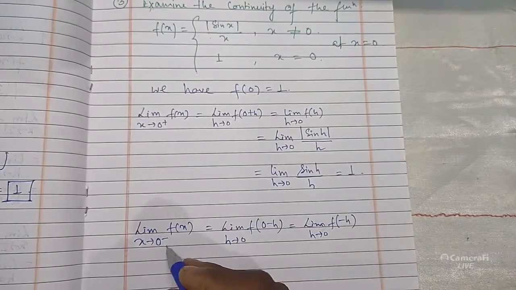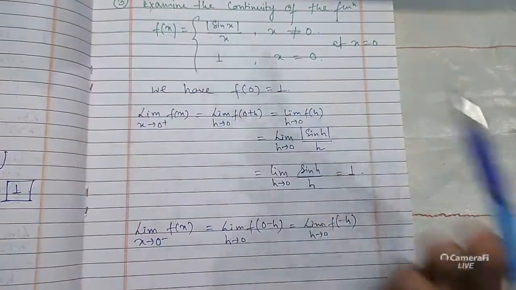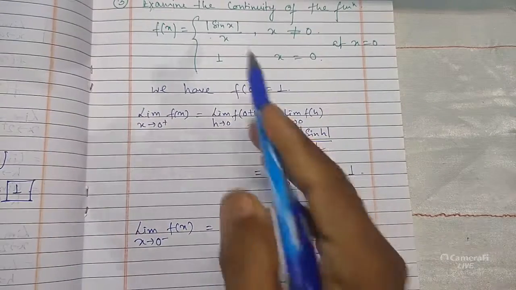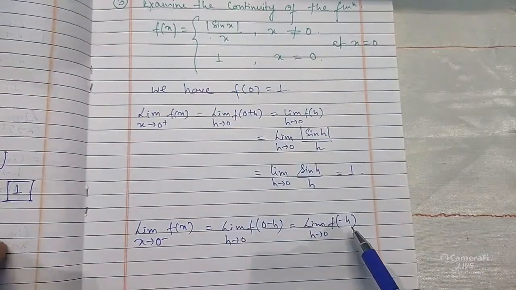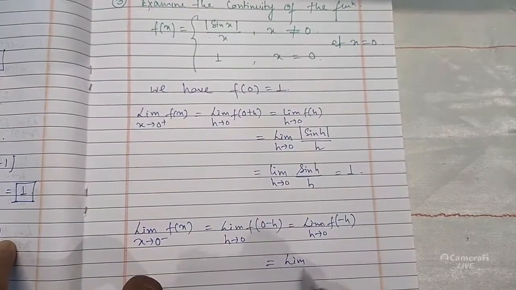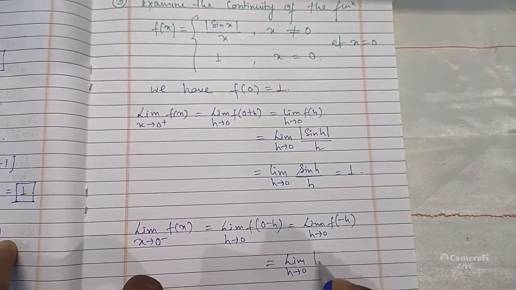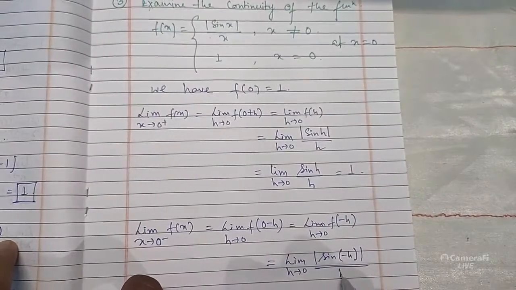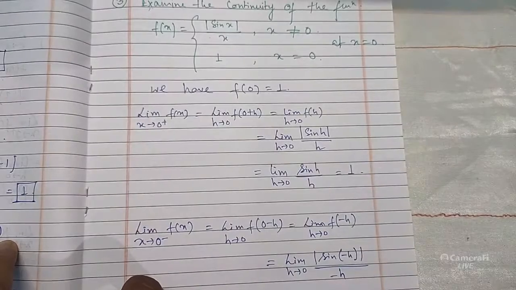For x tends to 0 minus also this value, mod sin x by x. In the place of x, here I have to write minus h. So we have limit h tends to 0 of mod of sin(minus h) by minus h.